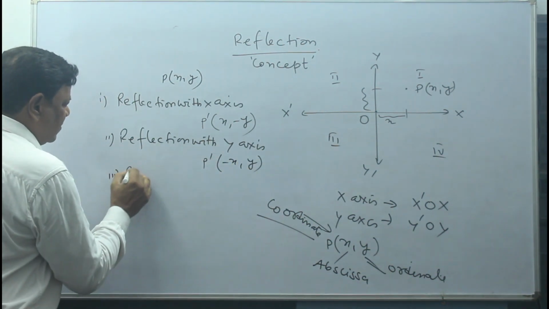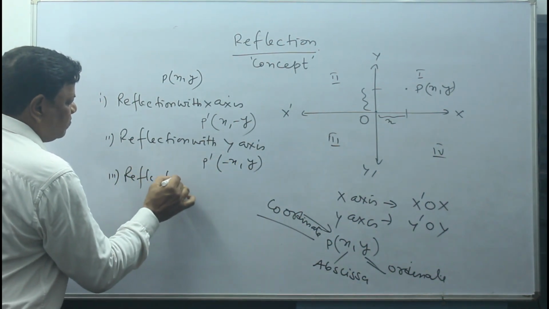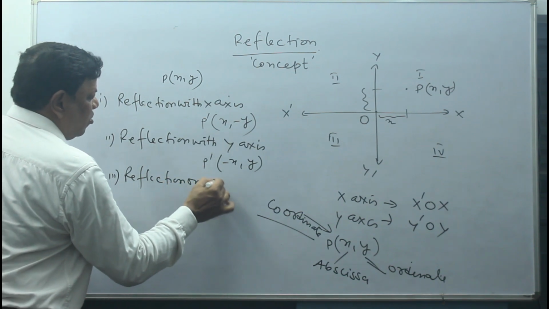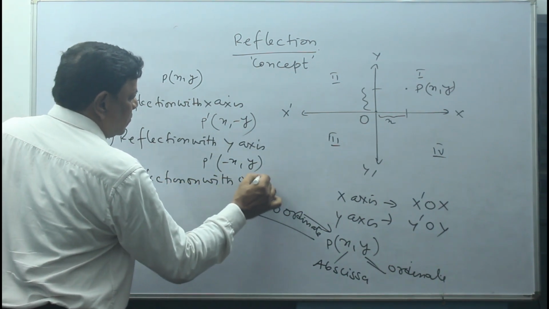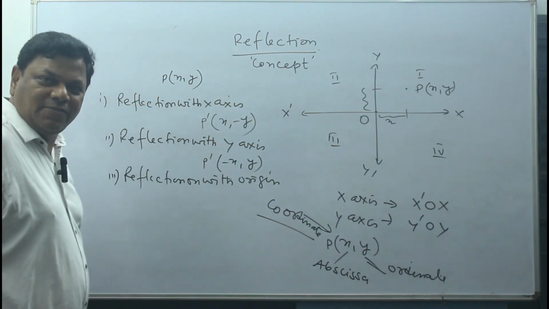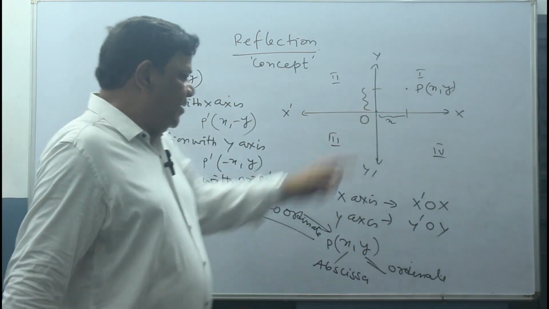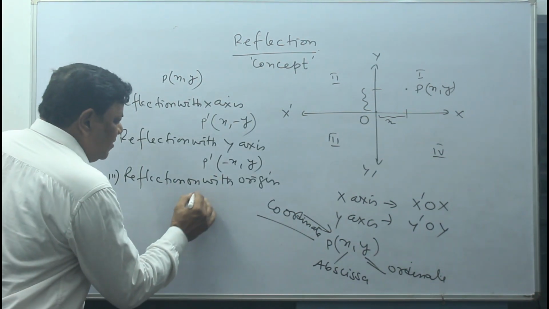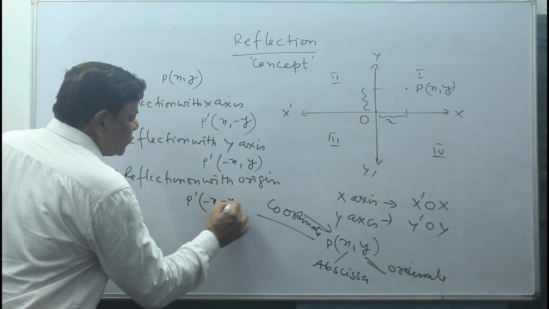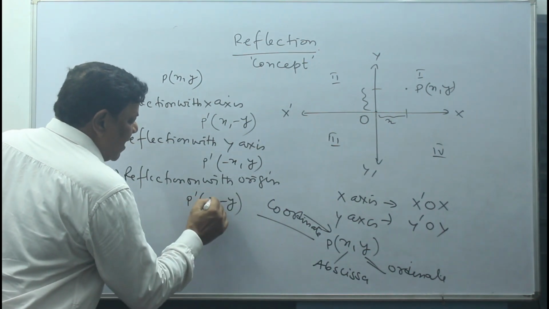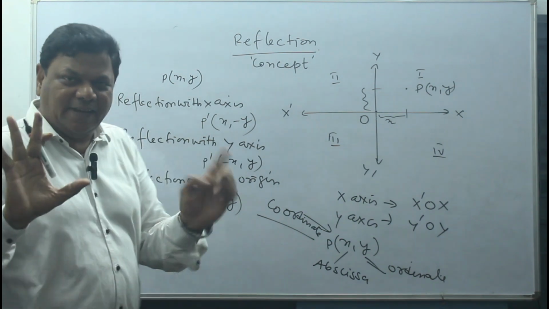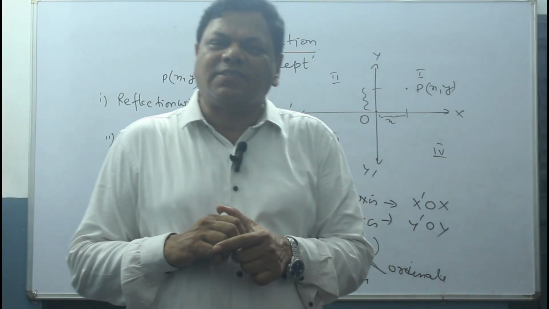And number 3 is reflection with origin. This is the origin. Reflection with origin means both signs will change. I am repeating again. How to remember all this?